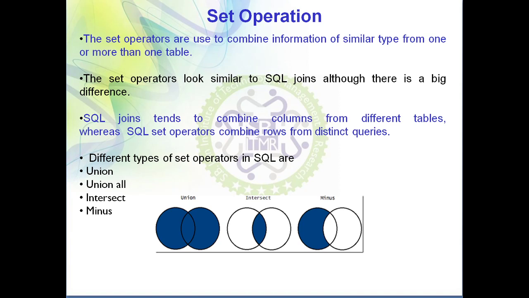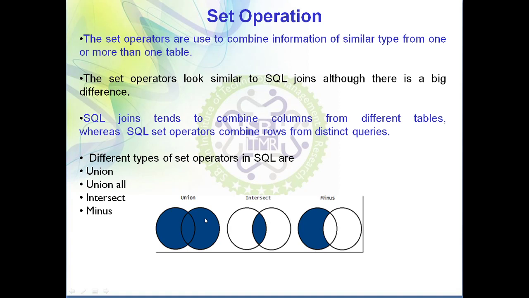So what are the different set operators available in SQL? One is union, union all, intersect and minus. These are the various set operators available in SQL. In detail we'll discuss the use of union, union all, intersect and minus along with examples. This is a simple diagram which gives an overview of these operators.